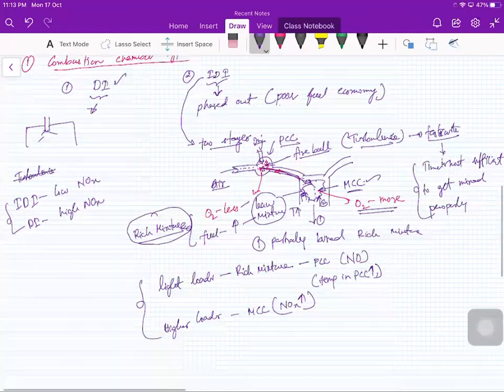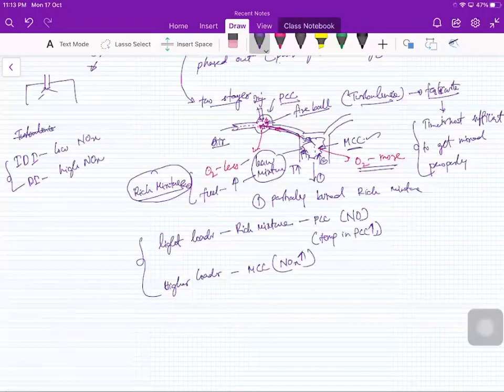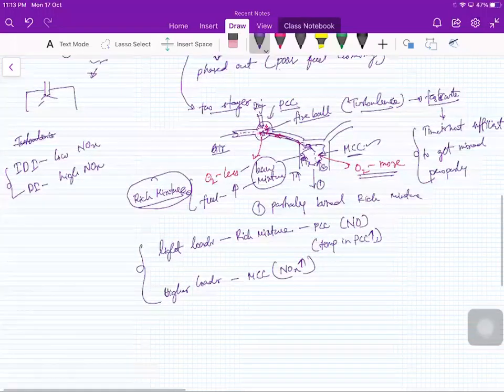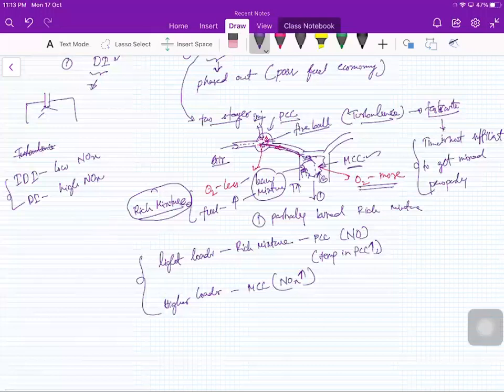Now, as we discussed, in the IDI the turbulence is not allowing the mixture to get properly oxidized with the oxygen. If it is not able to get proper oxygen, that leads to an insufficient amount of O2.